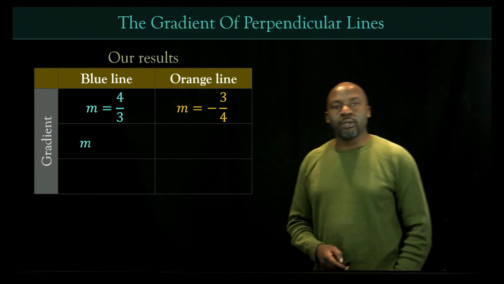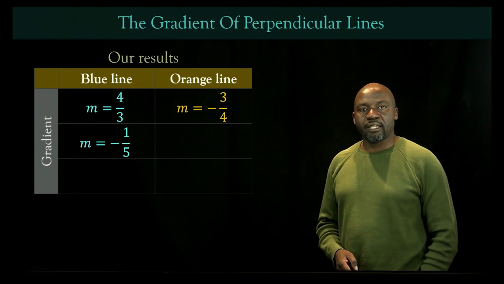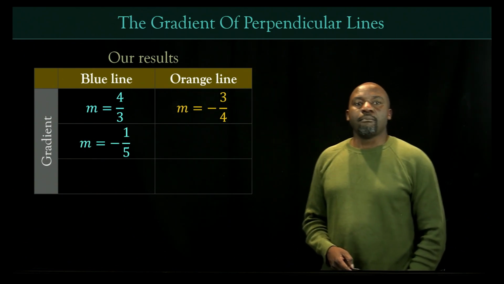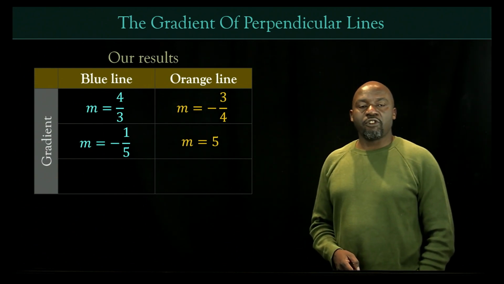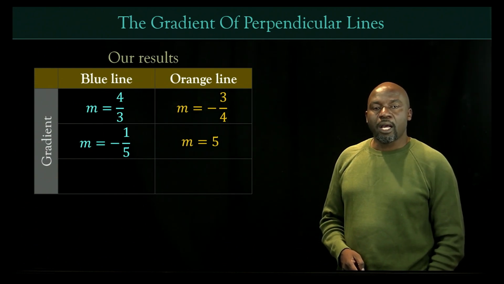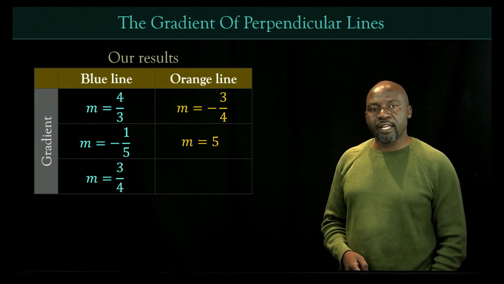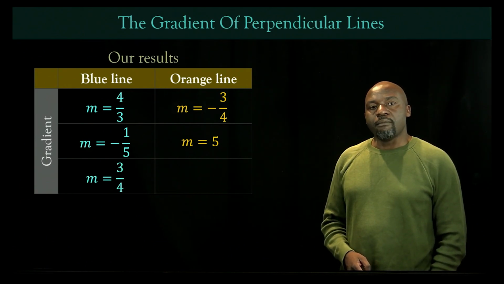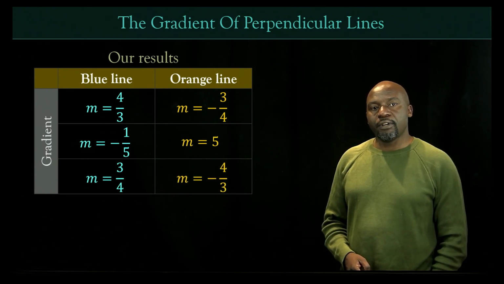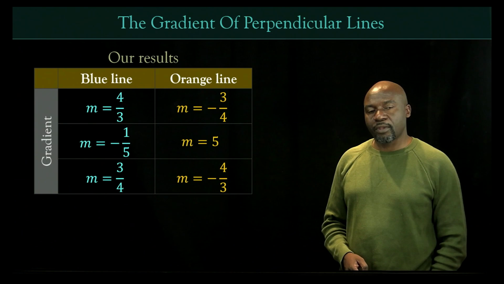When my blue line has a gradient of -1/5, my orange line gives me a gradient of 5. And when my blue line gives me a gradient of 3/4, my orange line gives me a gradient of -4/3.